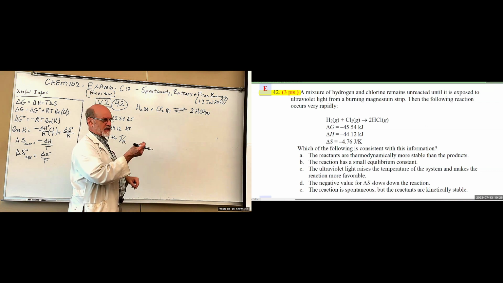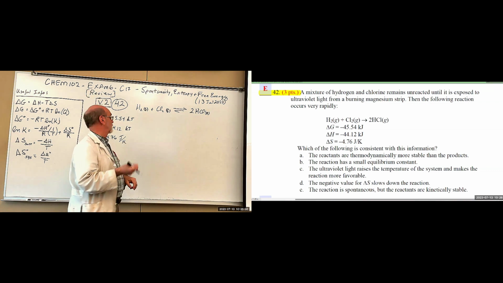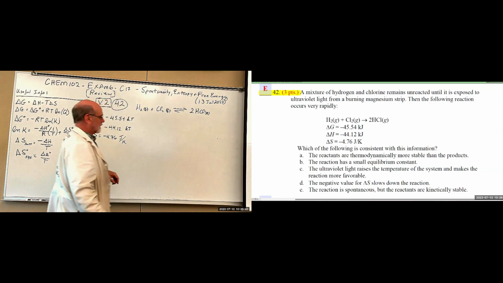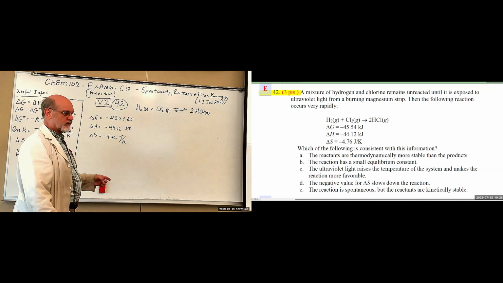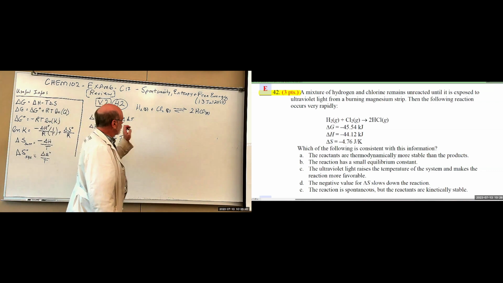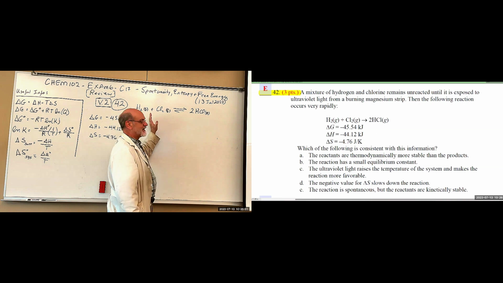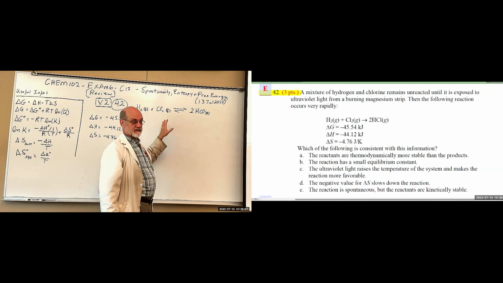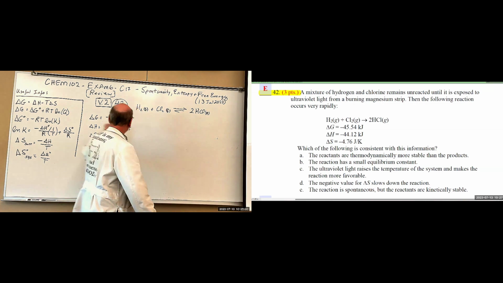That's why when you burn magnesium, don't look at it. It'll burn holes in your retina. But until we provide enough activation energy, the reaction won't go in our lifetime. So that's kinetics, whereas this is equilibrium.